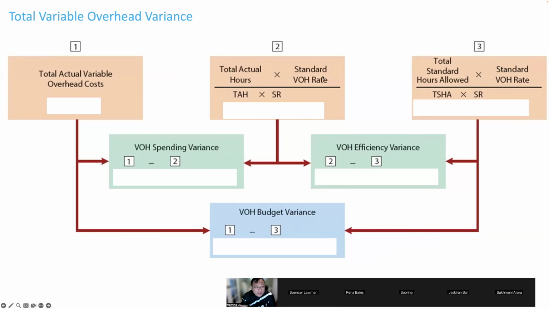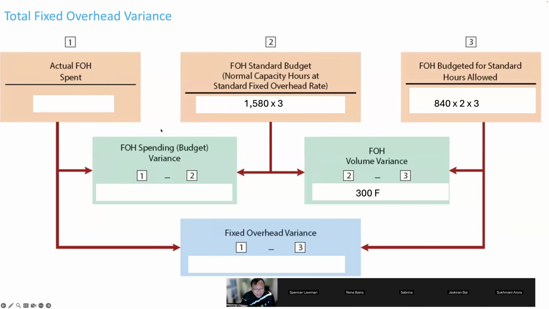Under variable overhead variance, you have variable overhead spending variance and variable overhead efficiency variance. Under fixed overhead variance, you have fixed overhead spending variance and fixed overhead volume variance.